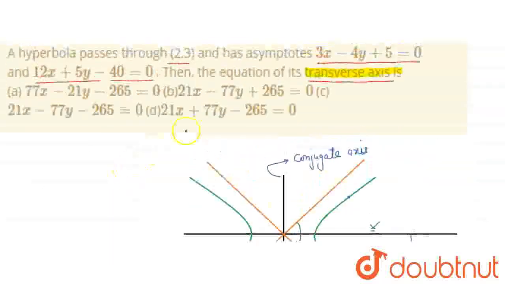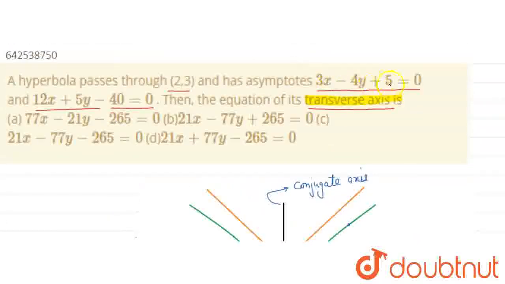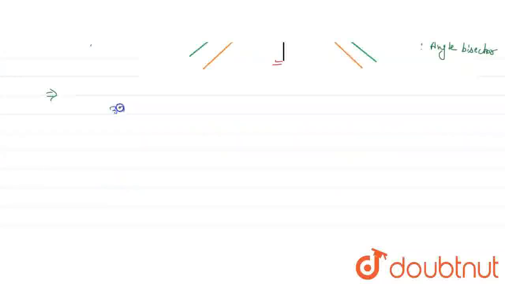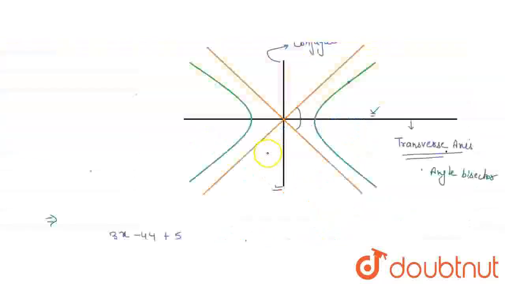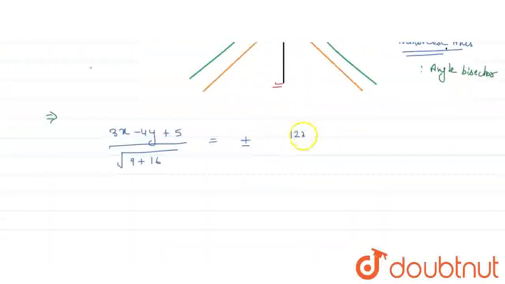So what are the equations of the asymptotes? 3x minus 4y plus 5 upon the square root of 3 square (9) plus 4 square (16) is equal to plus or minus the second equation, 12x plus 5y minus 40 upon the square root of 12 square and 5 square.